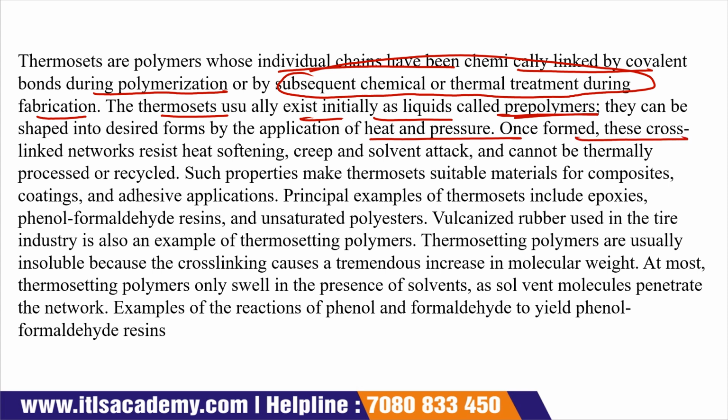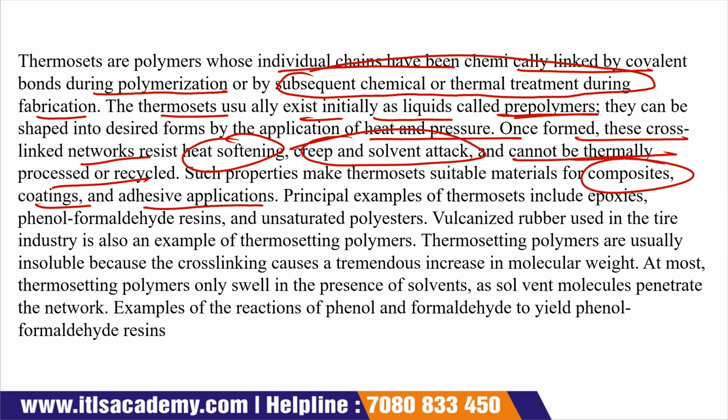Once formed, these cross-linked networks resist heat softening, creep, and solvent attack, and cannot be thermally processed or recycled. Now, these properties of thermosets are suitable for composites, coating, and adhesive applications. Examples of thermosets are epoxies, phenol formaldehyde resins, unsaturated polyester, and vulcanized rubber, which is used in the tire industry.